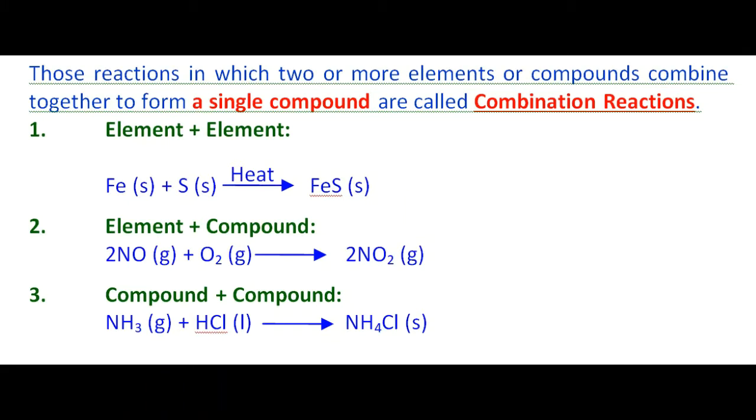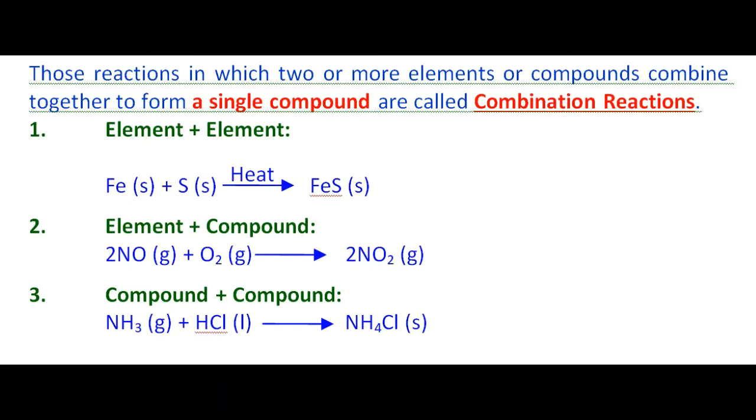Product must be single. It may be of three types: elements plus elements. Here you see that ferrum, that is iron, reacts with sulfur. When it is heated, it produces iron 2 sulfide, ferrous sulfide, because its valence is 2.